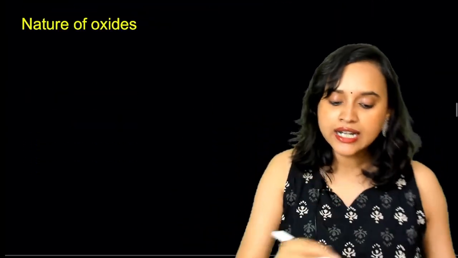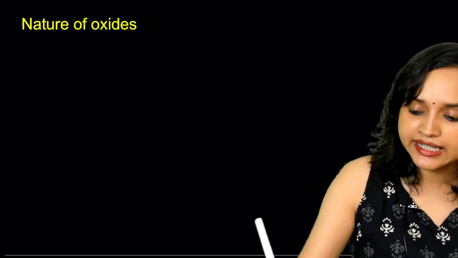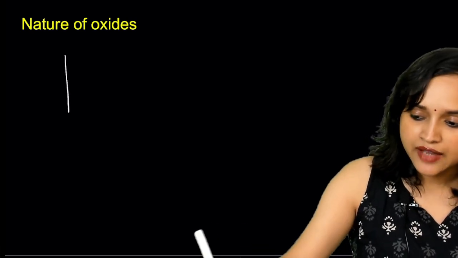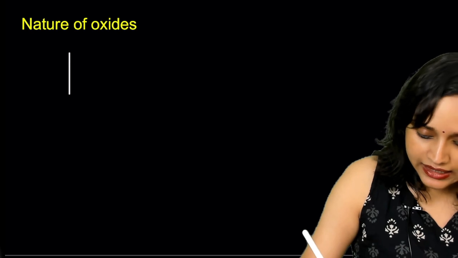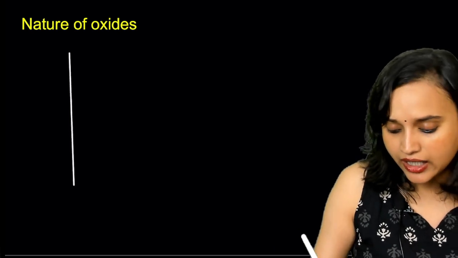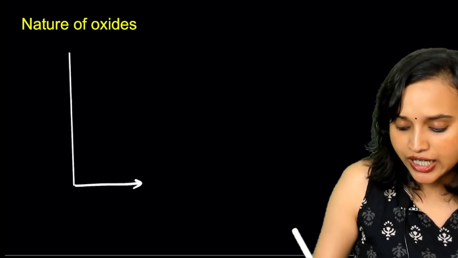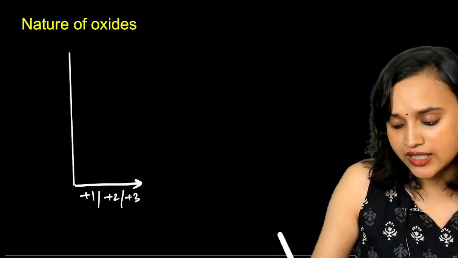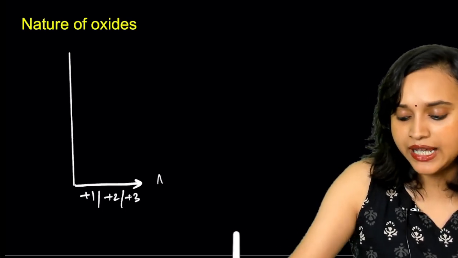Okay? Now let us come to the nature of oxides. I have always explained this to you in exactly the same manner, and I am again going to explain it. If you take a look at it, +1, +2 and +3 oxidation states are basic in nature.